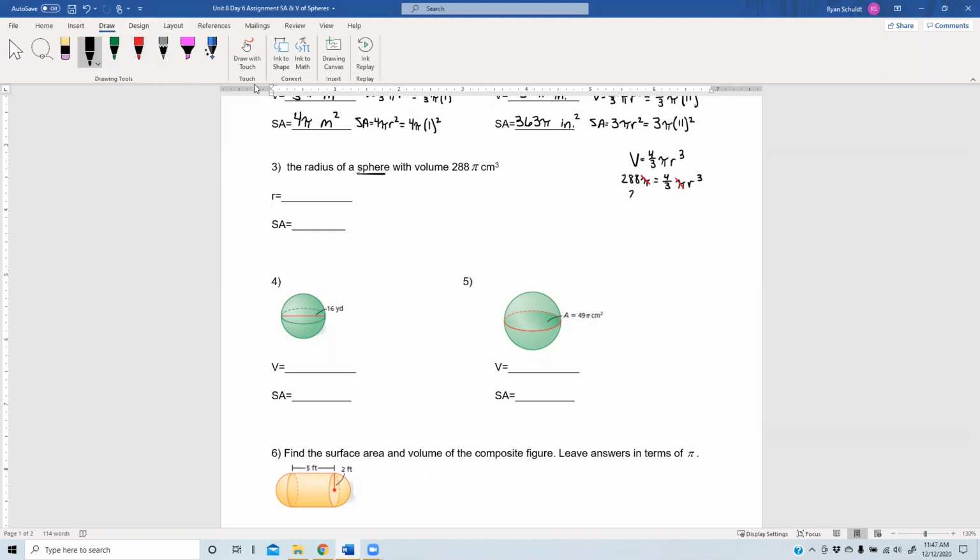So that's going to be 288 equals 4/3 r cubed. Now, I need to get rid of this 4/3, so I'm going to multiply both sides by 3/4. Those go away. 3/4 of 288 is 216.